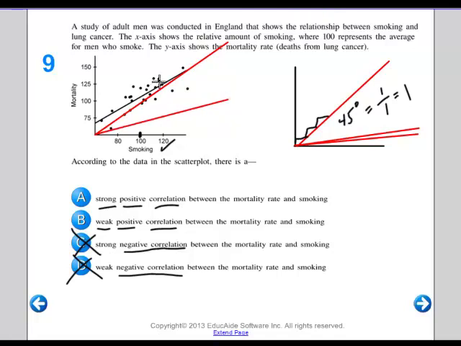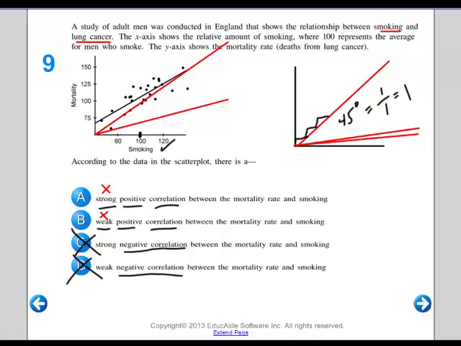So we're going to call that a strong correlation, partly because we know that smoking does cause lung cancer. We know that because of the real life experiences we've had. So we have to use sometimes the words in the problem to help us determine if it's strong or if it's weak. So we're going to call that a strong positive correlation.